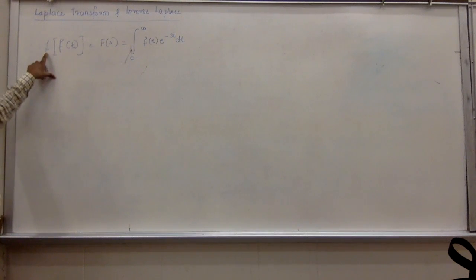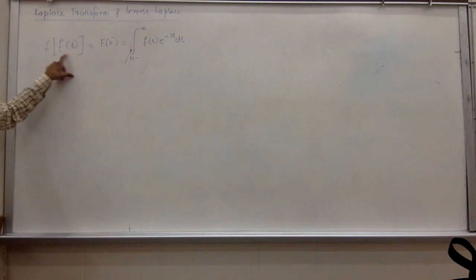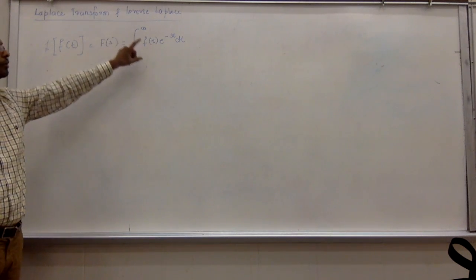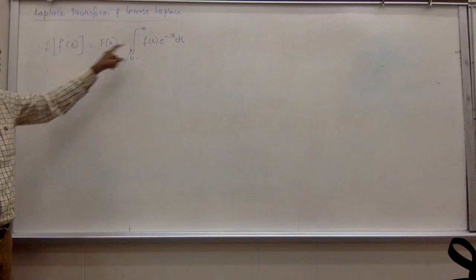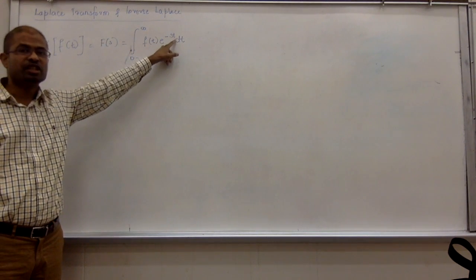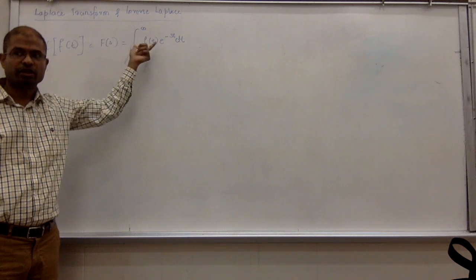So the way you read this is, some function of time, if you take the Laplace of this function of time, which is represented by capital F of s, it's defined as the integration from 0 to infinity. You put this function here, you multiply by e to the power of minus st dt, and you take the integration.